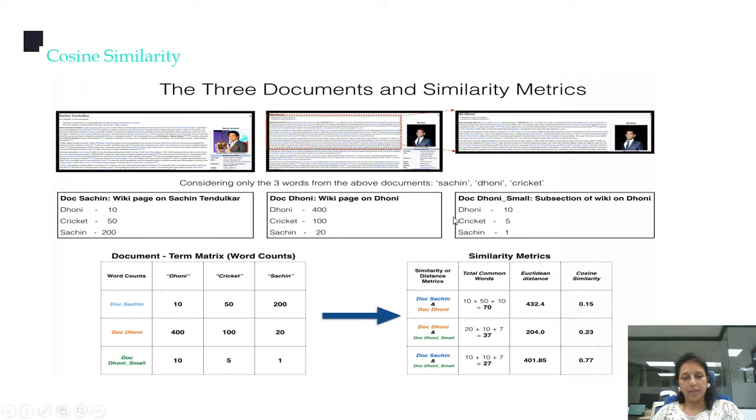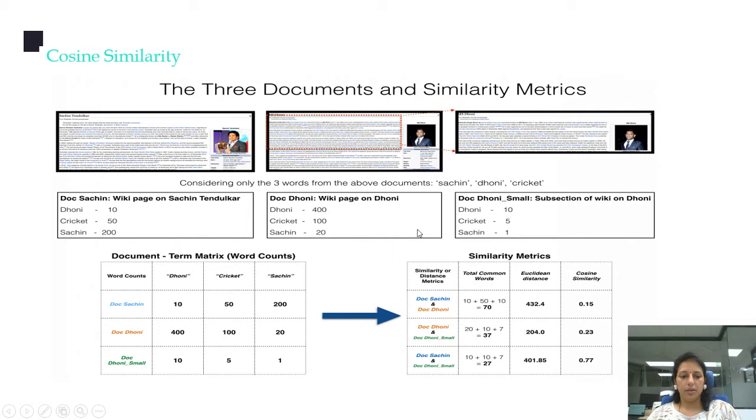Okay, cosine similarity. I found this article interesting because it compares two of the leading Indian players, and it describes the cosine similarity between the articles. Here the articles considered are the Wikipedia page of Sachin Tendulkar, the wiki page of Dhoni, and a short extract from the Wikipedia page of Dhoni.